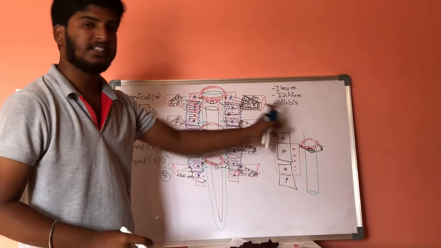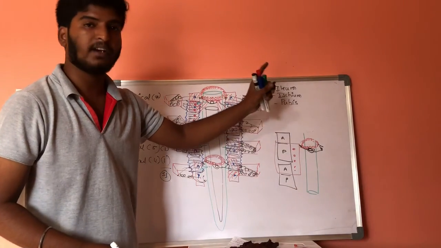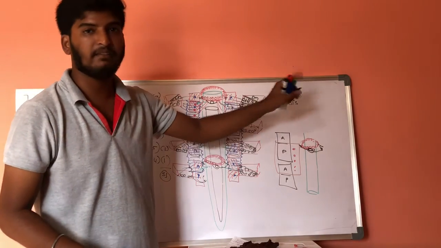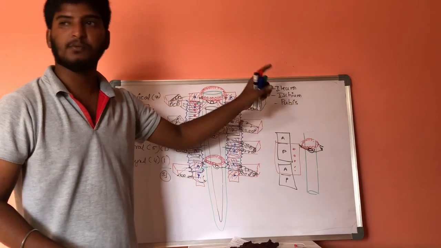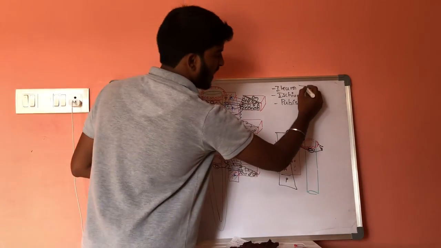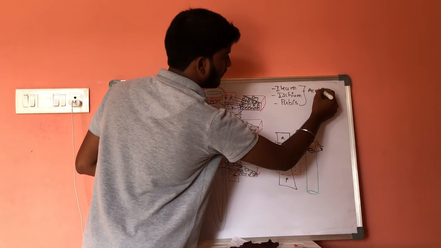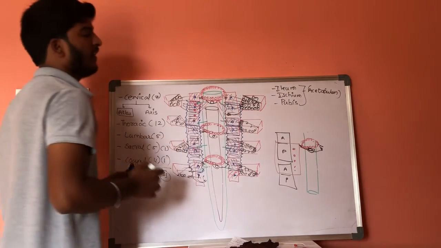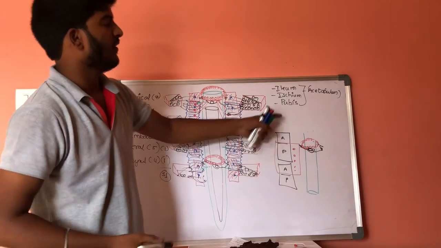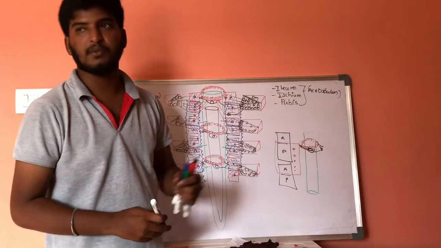Ilium, ischium, pubis are the structural and important functional bones of this pelvic girdle, and the junction of this ilium, ischium, pubis is called the acetabulum.